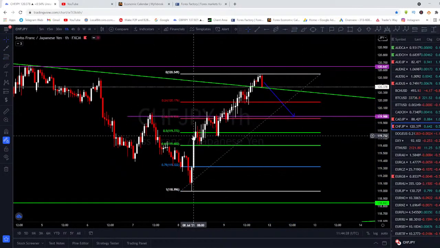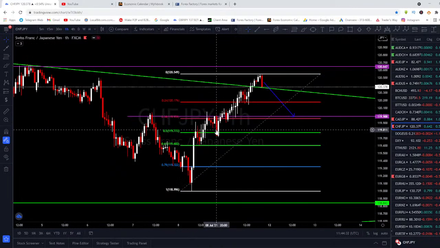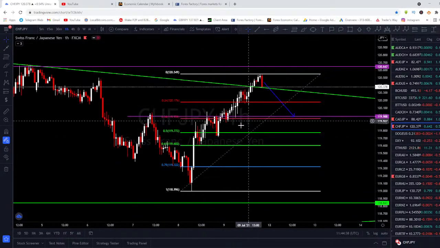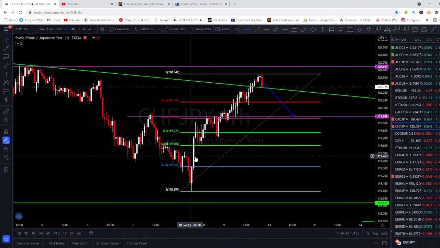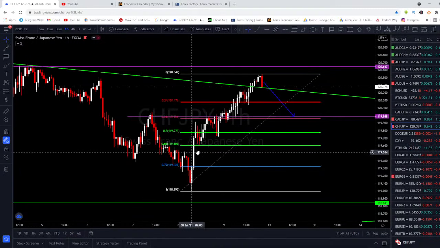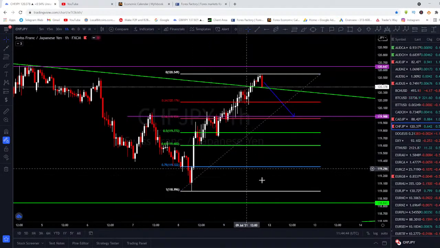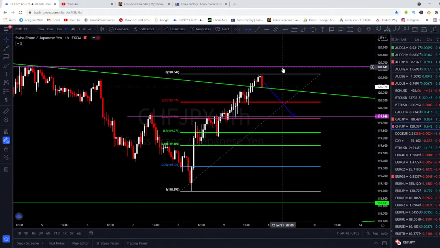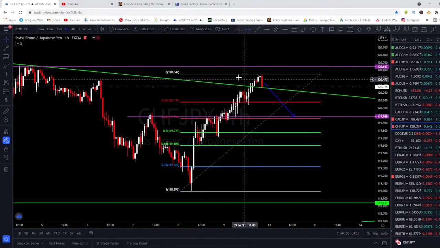It can either come down to this zone for the 50% retracement or 61. But whenever it does not start going up from this 61% level, no need for you to get in for the buy anymore. So you wait for the market to create what we refer to as a double bottom formation before the market will go up to the upside again.